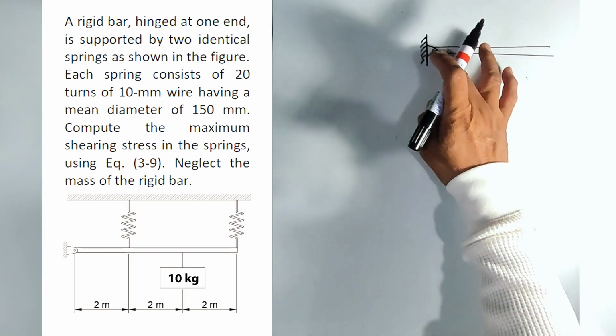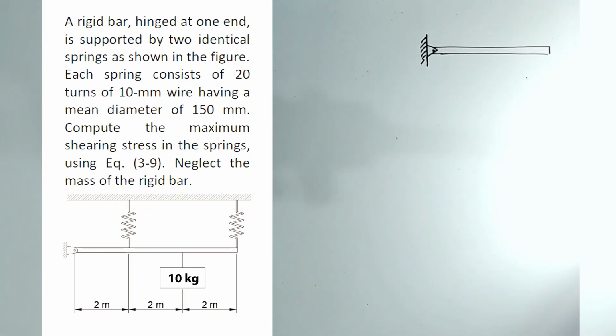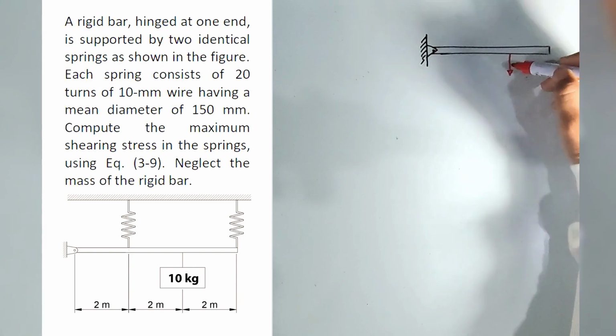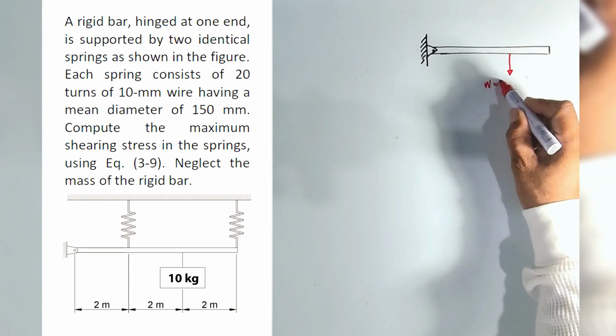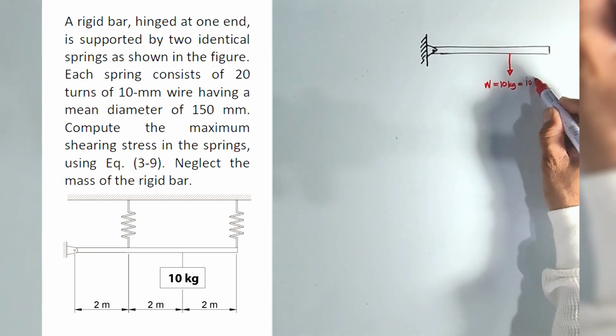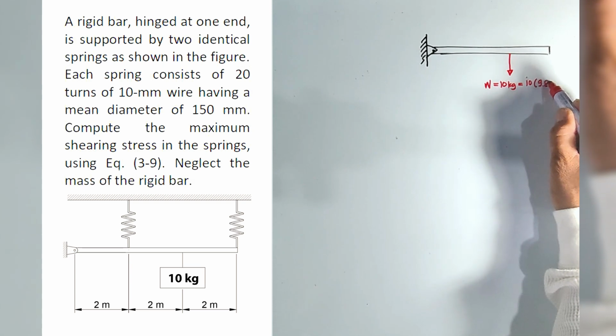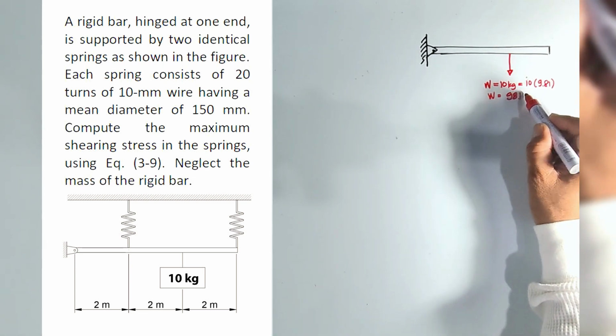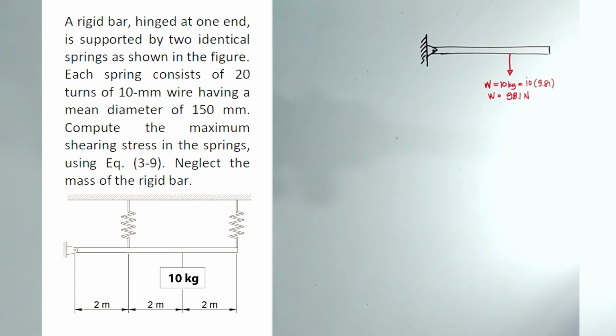So this is the pin support here. This is the rigid bar here. Then there's the load W, that is 10 kilograms, or that is 10 times 9.81, or that's 98.1 newtons.